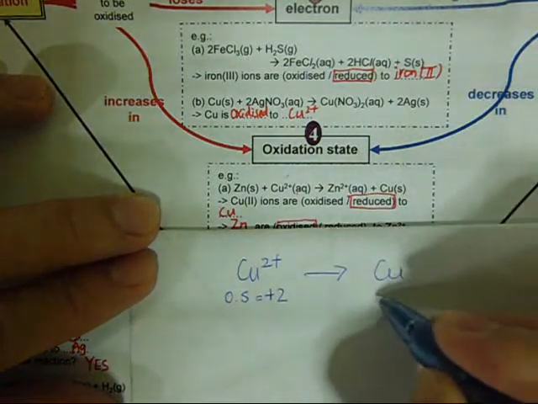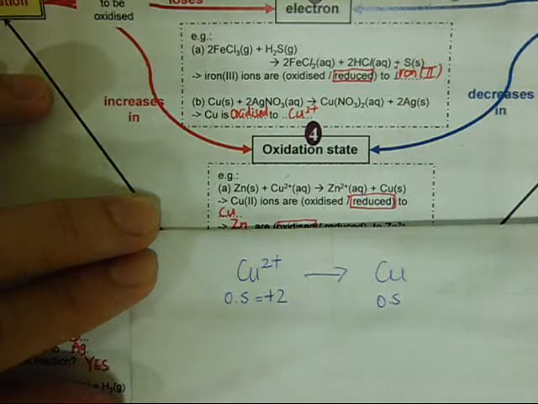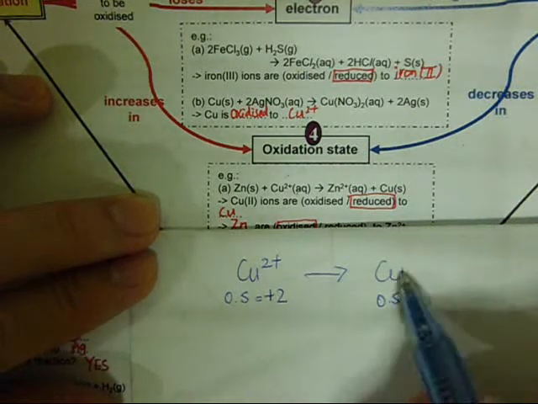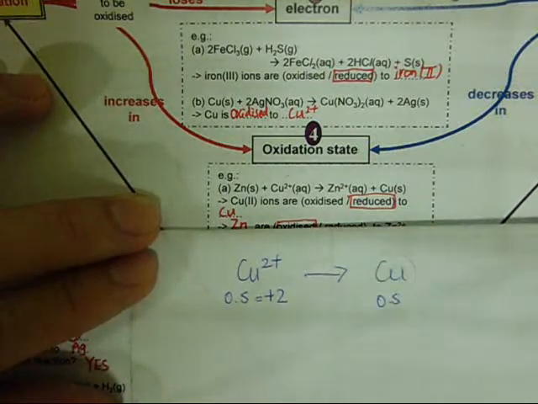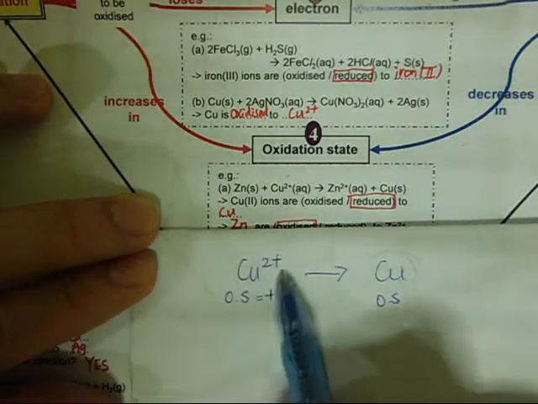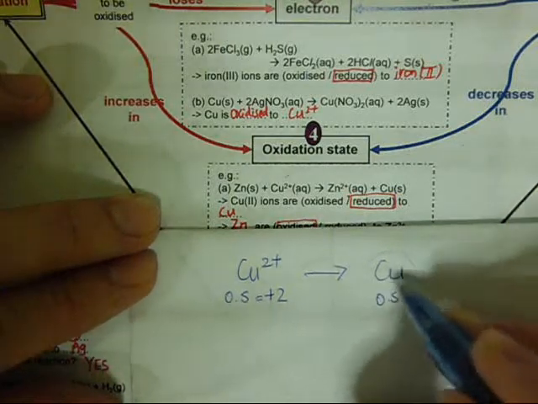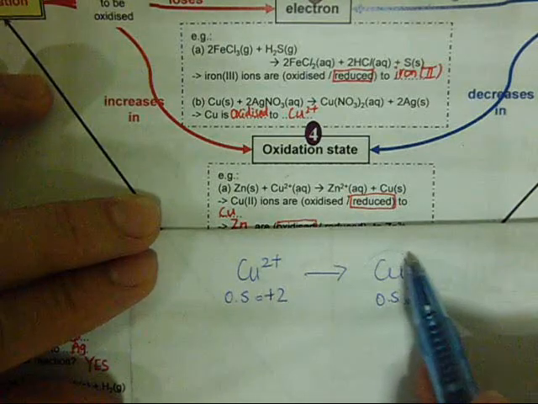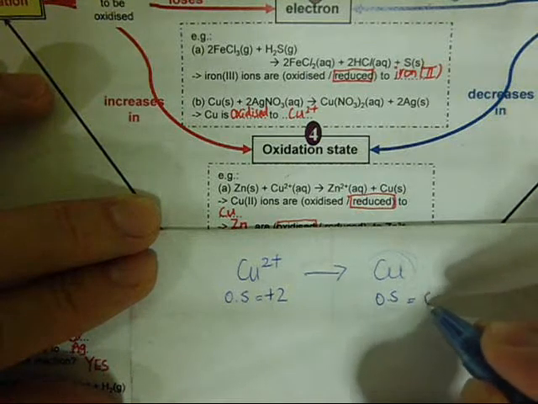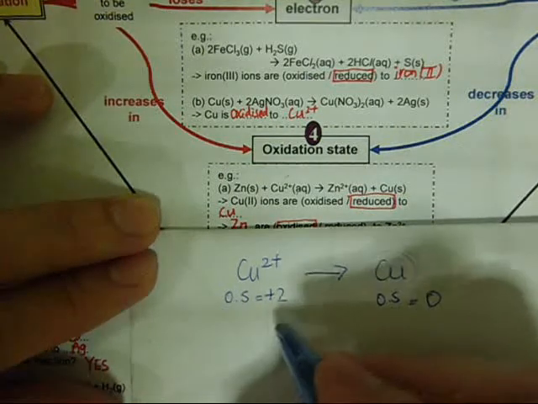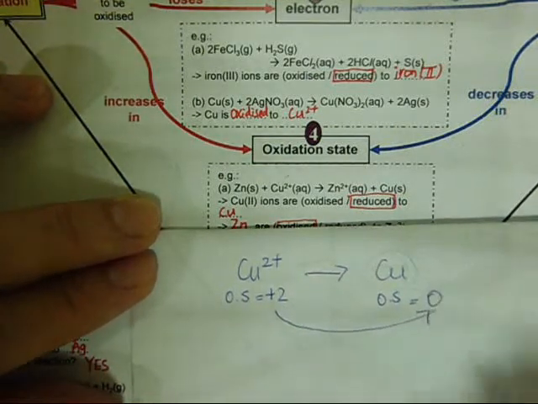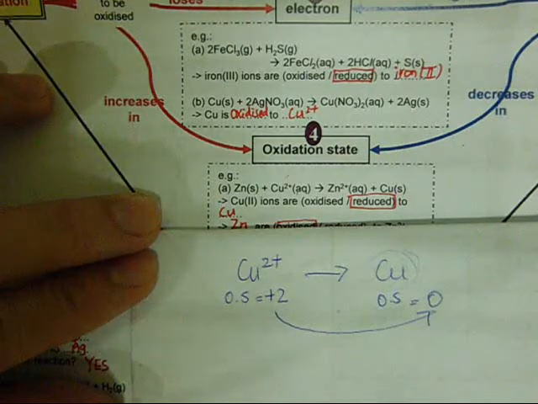How about the oxidation state for copper? Same thing. The oxidation state of copper would be the same with the charge of the copper. This is copper atom. It's not copper 2 ion. Is there a charge for this copper atom? There is no charge. Therefore, the oxidation state is 0. So from +2 to 0, is it an increase or decrease in oxidation state?